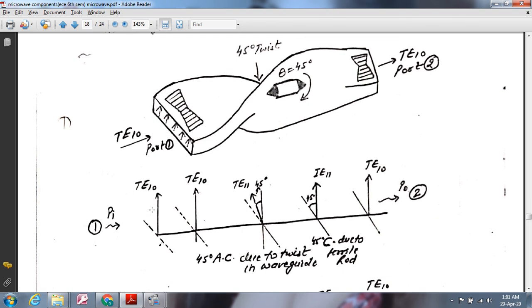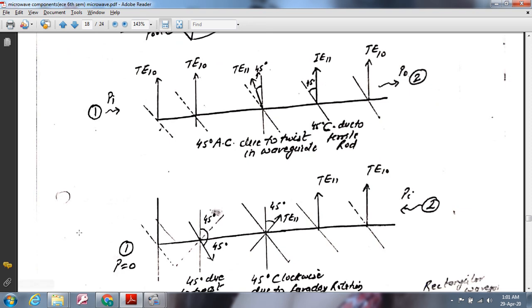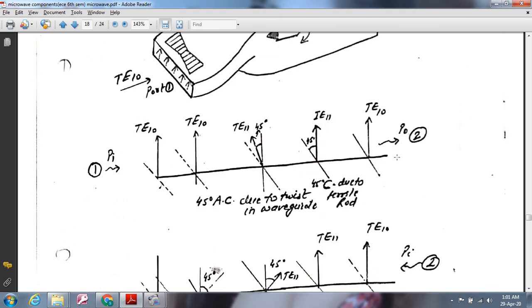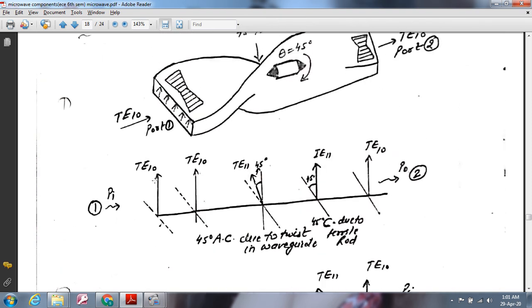This can be seen from these diagrams. Now this is showing the forward journey of the wave, that is from port number 1 to port number 2. Here we know the electric field component E, TE10. Now this is at the entry of port number 1.